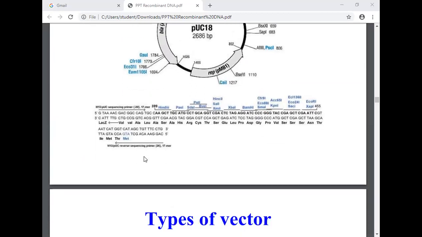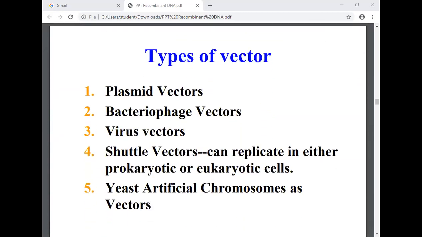This is the diagram. Okay, now types of vectors, as we discussed earlier: plasmid vectors, bacteriophage vectors, virus vectors, and shuttle vectors, which can replicate in either prokaryotes or eukaryotes. Such vectors are known as shuttle vectors, and yeast.